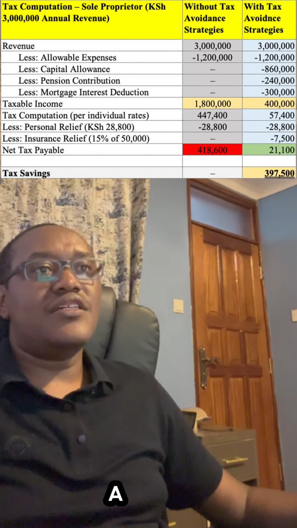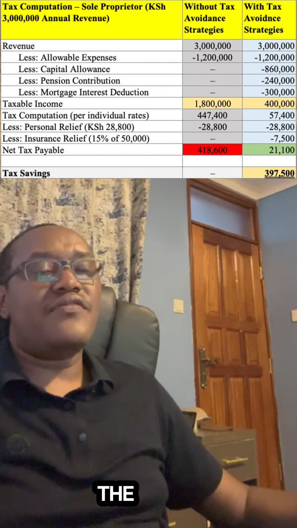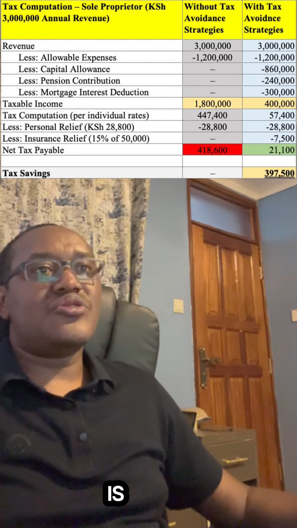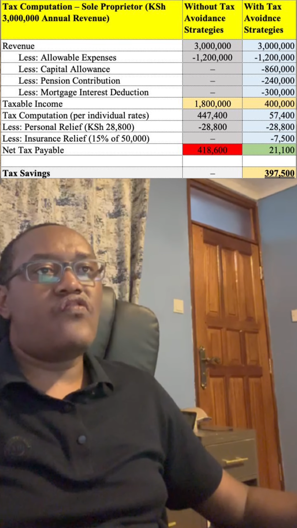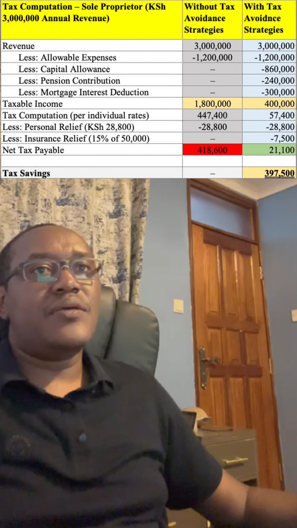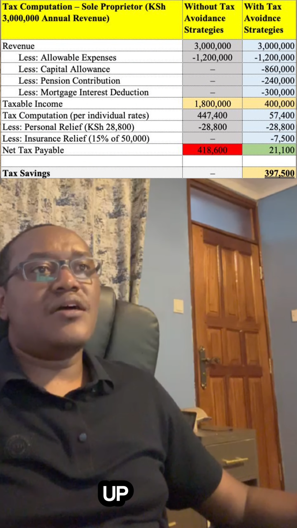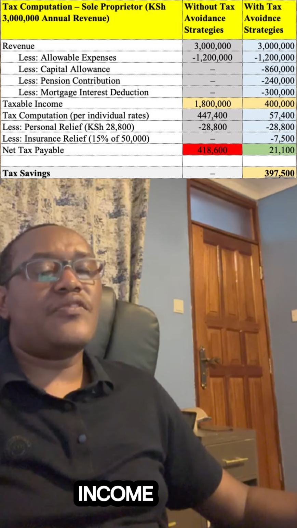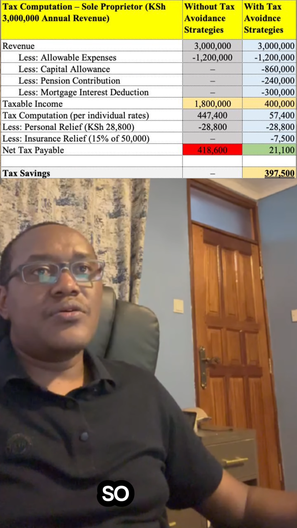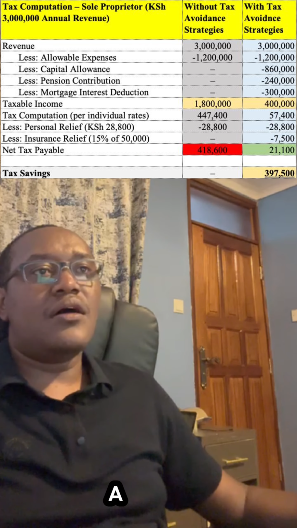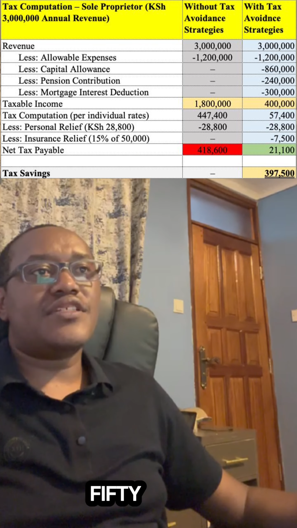So there is a difference, because in the first strategy the businessman is not taking advantage of capital allowance, pension contribution, and mortgage interest, so that person ends up with a high taxable income, but in this case he ends up with a taxable income of 400,000. So the tax computation using the graduated scale will be 57,400.